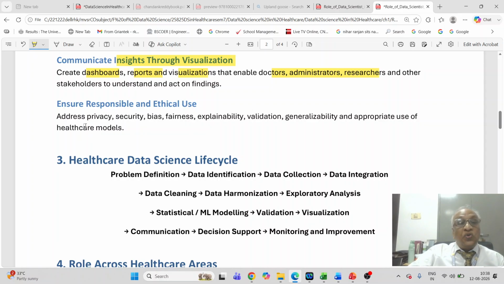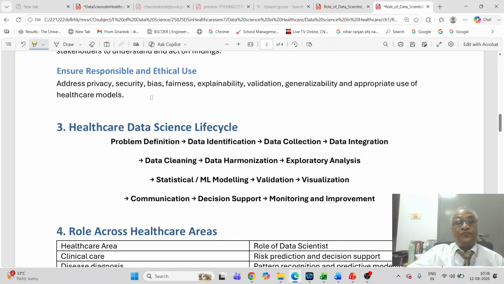So he should also ensure responsible and ethical use of the healthcare data because the healthcare data is related to patients, people whose privacy, security needs to be taken care of. So he should be able to address biases. He should adopt explainability, and he should use the appropriate healthcare model.